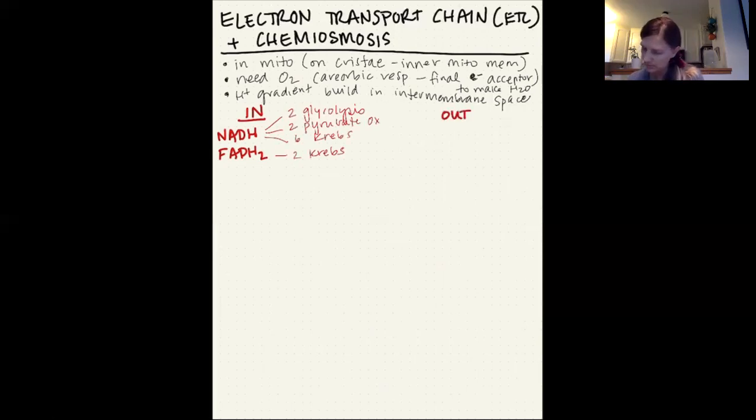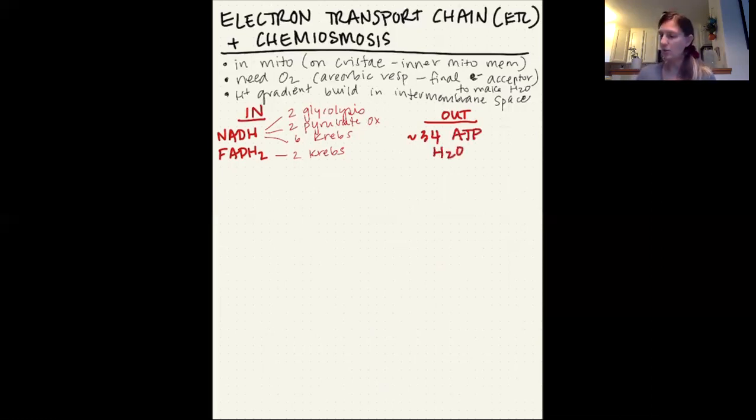And then the outputs. What we're going to see coming out of the ETC, the electron transport chain, is that we are going to get about, and this is completely an estimate, about 34 ATPs, and we're going to get water out, right?